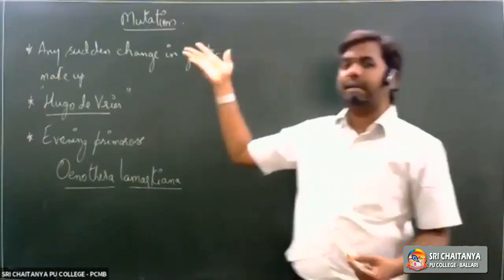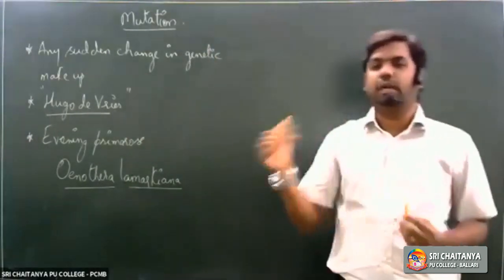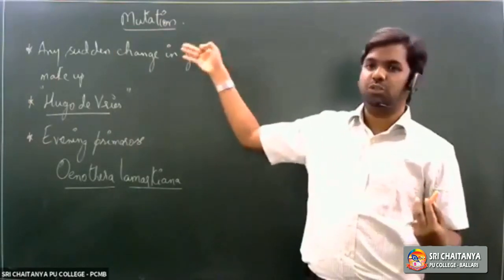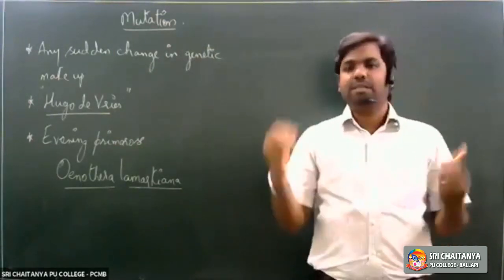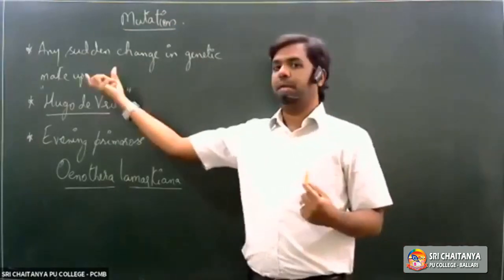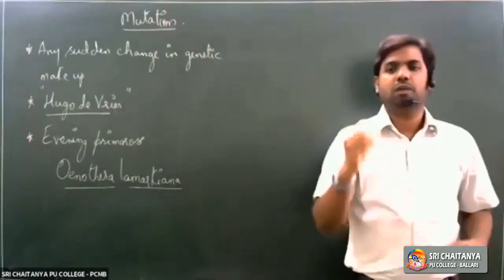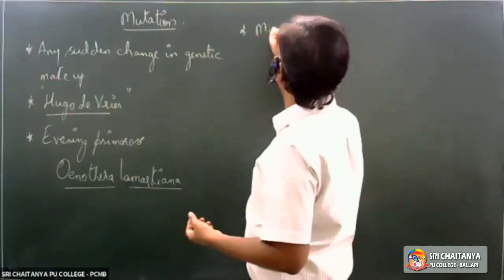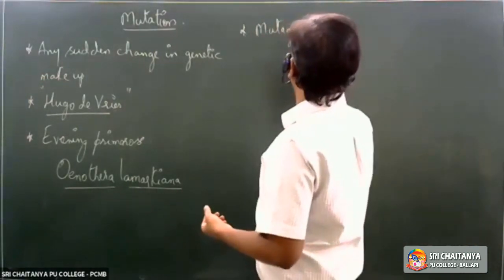So how exactly is this sudden change seen in the genetic makeup? What could be the reason for this change? The reason would be certain agents called mutagens.